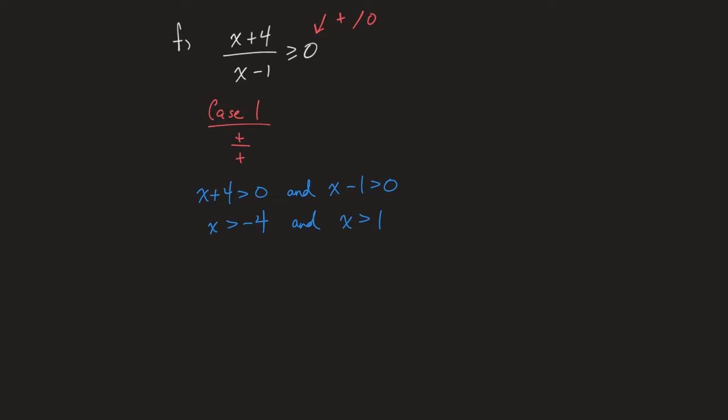I want you to try to combine those into one statement. What sort of x values satisfy both, where x is greater than negative 4 and x is greater than 1? I want you to try to write that statement down.